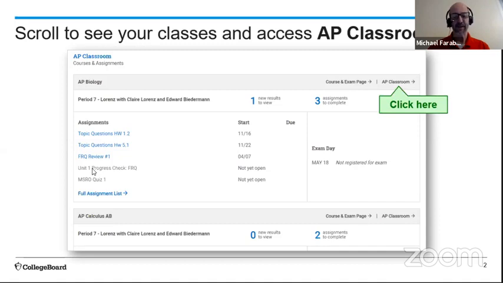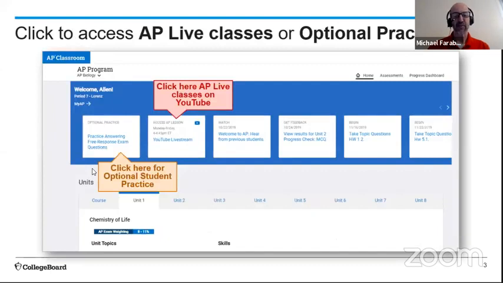So I want to just remind you about that. So if you log in and you click on AP Classroom, you will see a progress tab. And at the top on the far left, it says, click here for optional student practice. You will also see a link to all of the AP live classes. So you can click on that to access the YouTube channel.